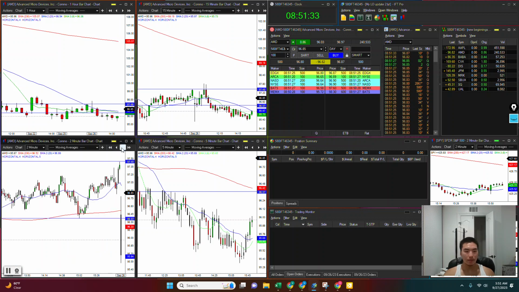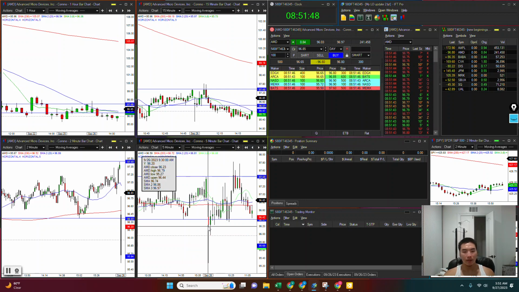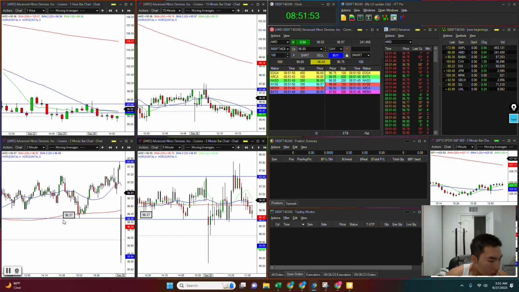But I mean, the way it opened, clearing below, you could just see how this thing came all the way down and just wicked up heavy, which is typically the ideal location for me to short, and that's what I did.